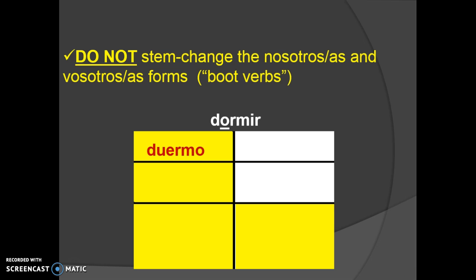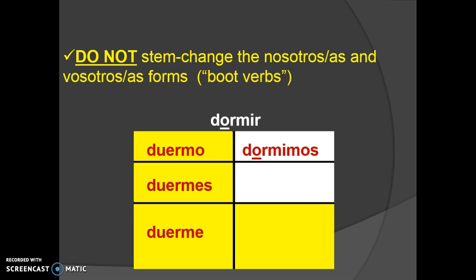You change the O to a UE and you add your normal O ending for IR verbs. For tú, it's duermes. Again, the O changes to UE and you add your normal ES conjugation. For he, she, it, or you formal, it is duerme. The O changes to a UE and you add your normal E.